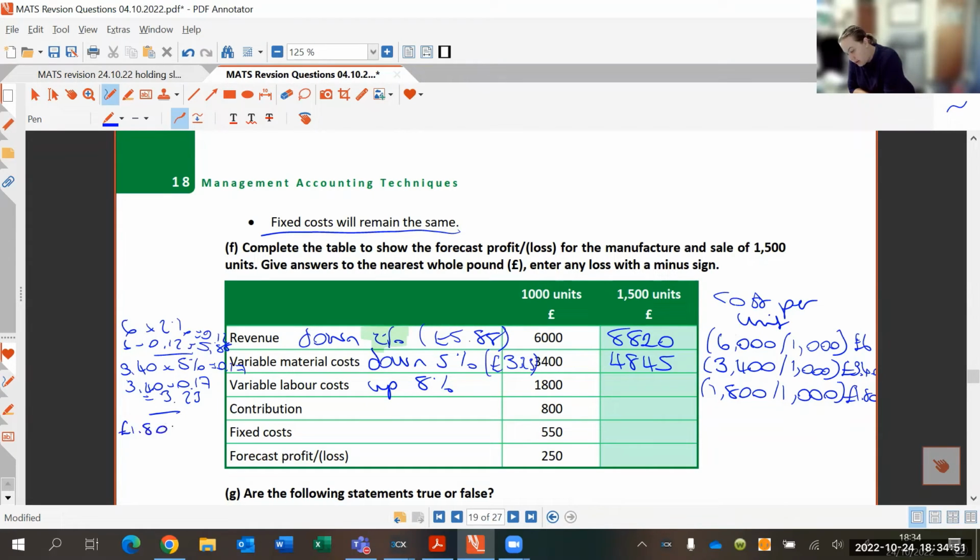It'll be £1.80 times by 8%, which equals, oh, it doesn't quite go nicely, but it comes out at 0.144, which I will keep together for now. We'll add that on to our £1.80, and we'll round at the very end. So that's now 1.944.